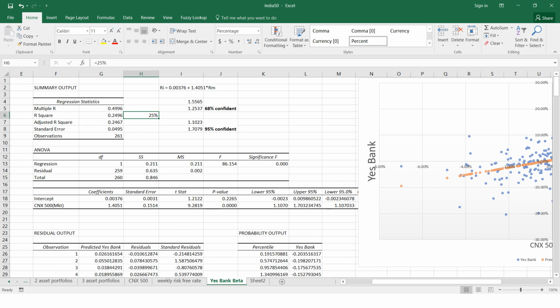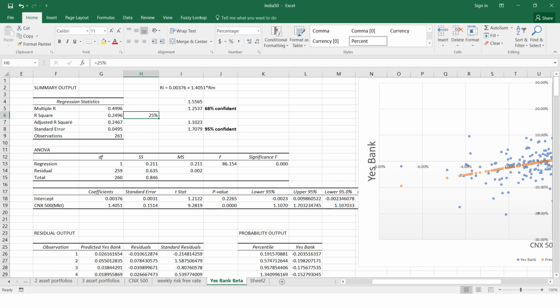Or you can say that 25% of the risk that Yes Bank has, which is driving the returns, we assume 25% of the risk is market risk and 75% is firm specific risk, or if not firm specific, let me call it specific to be more general, because it can be industry specific risk.